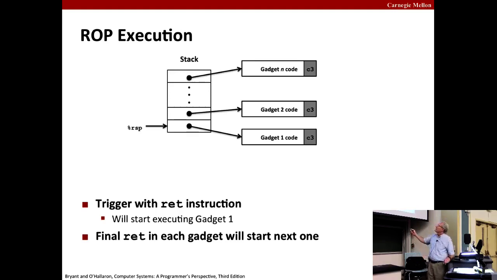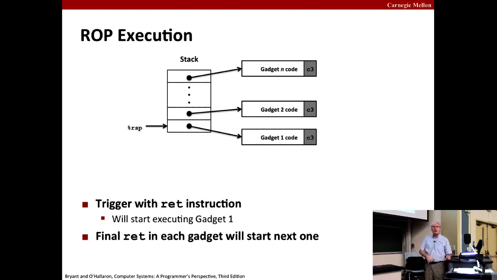So if I can get the program to execute a ret right now, the return will pick an address off of the stack, pop an address, and begin executing. That will start this code executing, and it will hit the C3, the ret instruction at the end, which will again take an address, pop it off the stack, and begin executing. So it will start executing the second gadget.